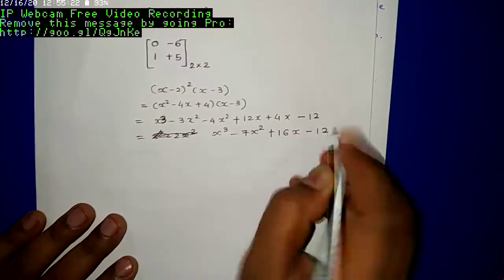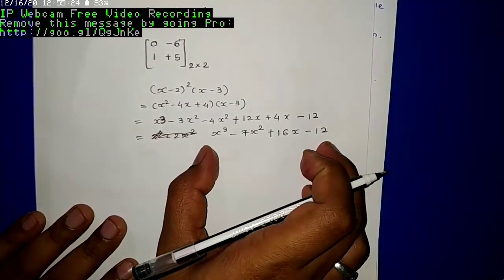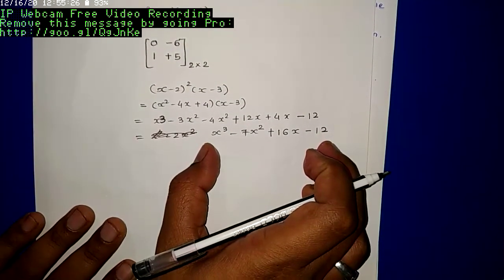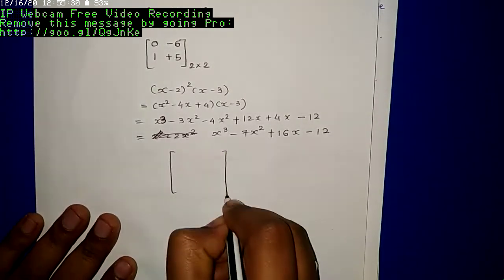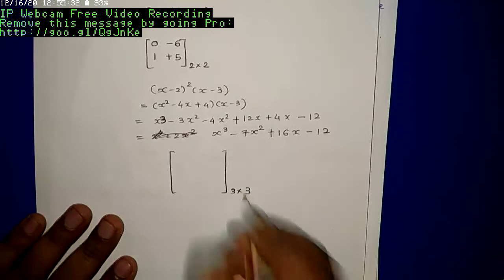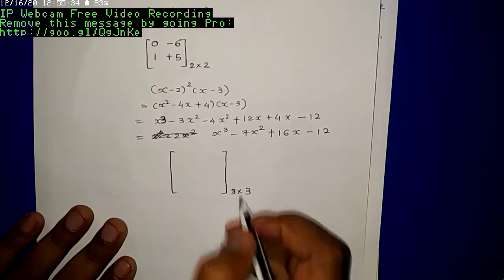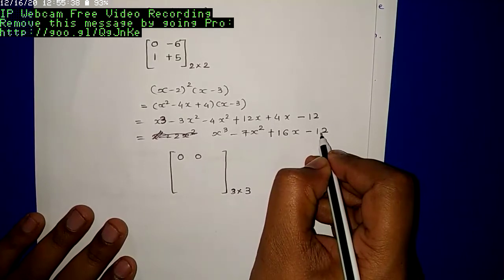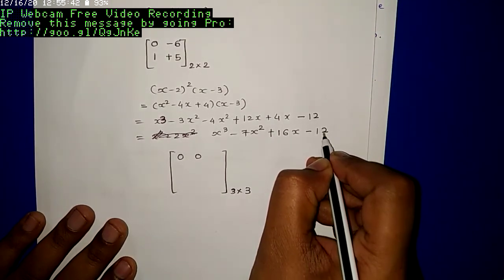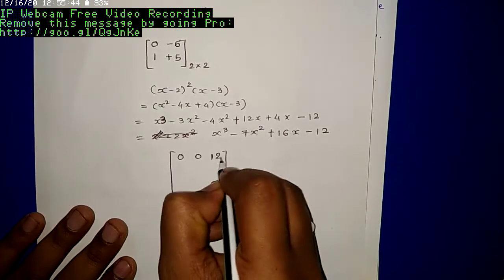So here the given polynomial is like this. If we want to find the companion matrix for this, it is a 3 cross 3 matrix, because the degree of the polynomial is 3. So for the 3 cross 3, the first column is 0 0 and then minus 12, so we write plus 12.